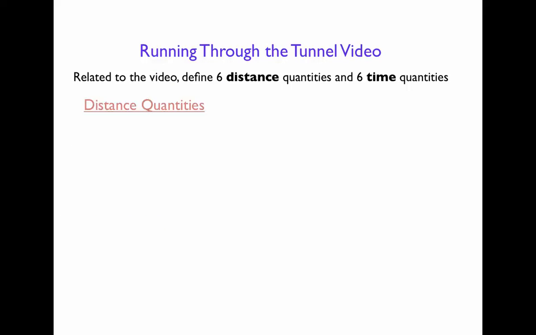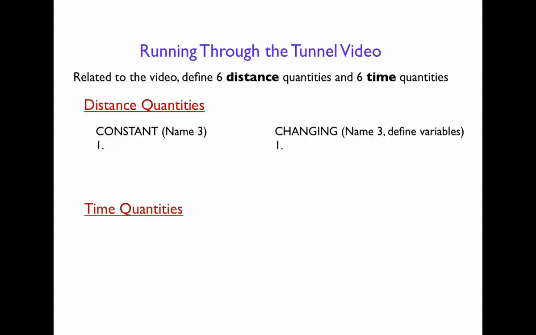So related to this video, we're going to define 6 distance quantities. You're going to get a partner. You're going to find 6 distance quantities and 6 time quantities. So 3 of each. 3 constant distance quantities and 3 changing distance quantities. And then for those changing ones, actually define variables.